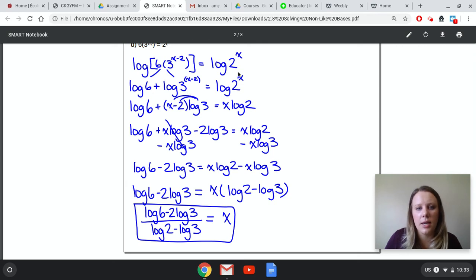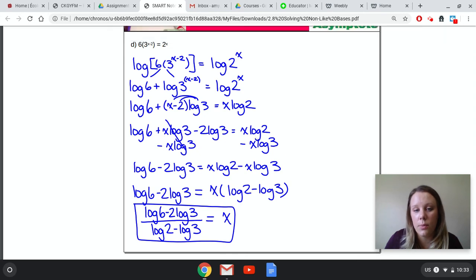I'm just bringing down this log 2 to the x and bringing the x in front on the right-hand side, but really a lot is happening on the left-hand side. So the multiplication became plus, the exponent came out in front, the binomial, we did distributive property to multiply log 3 through, and now we have 3 terms on this side and 1 on this side.